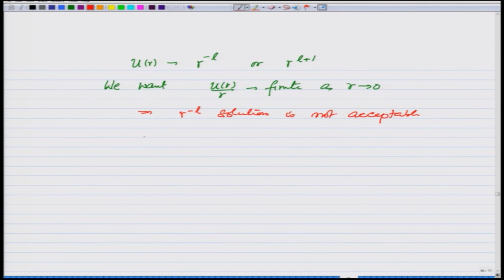So, u(r) as r tends to 0 goes as r raised to L plus 1. The solution of the Schrodinger equation, R(r), as r tends to 0 goes as r raised to L. So, you see that R depends on L.